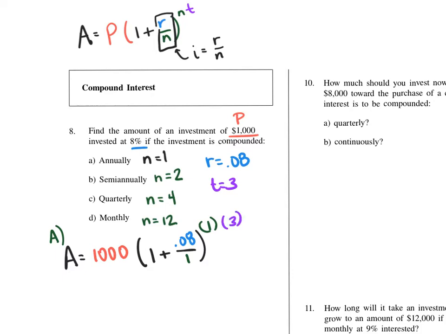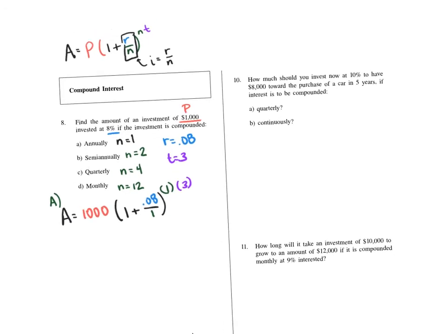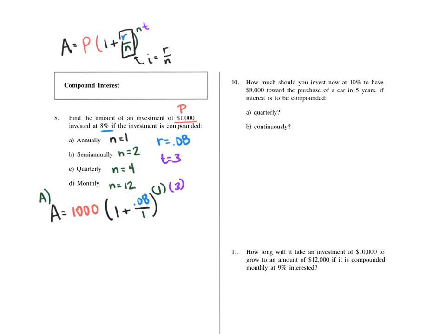And so when I calculate this in a calculator, remember, when you deal with these things, you need to carry answers. So we're going to do this part of the equation first. We'll work 0.08 divided by 1, which is just 0.08, and add 1 to that, so we'll get 1.08.